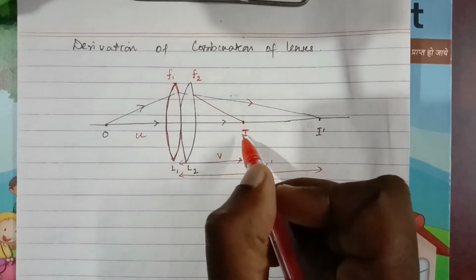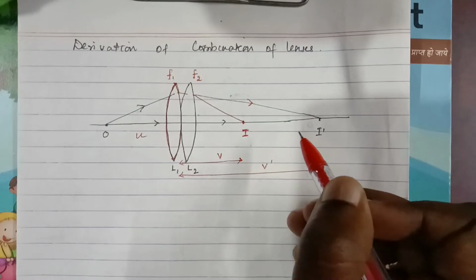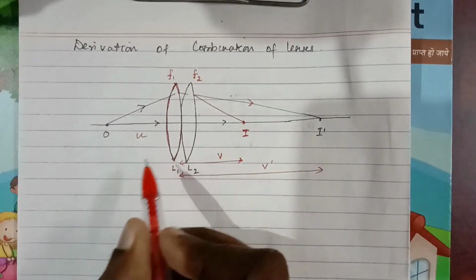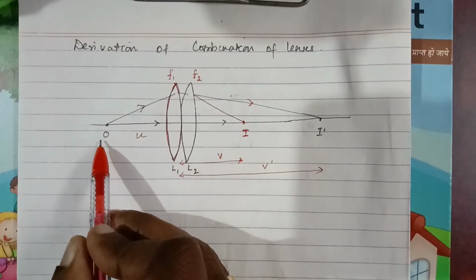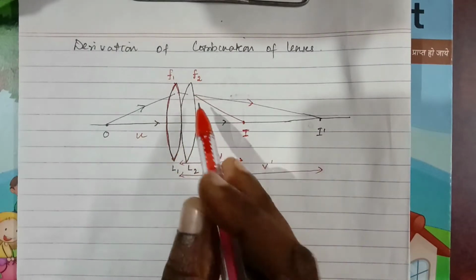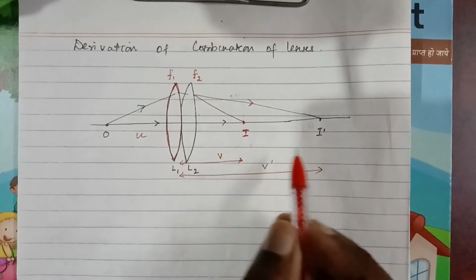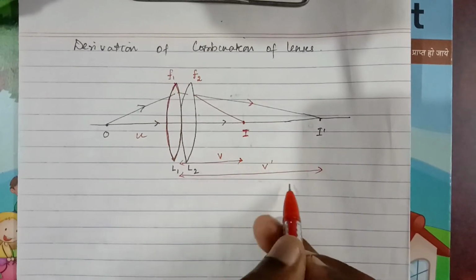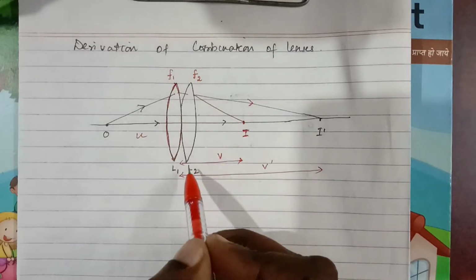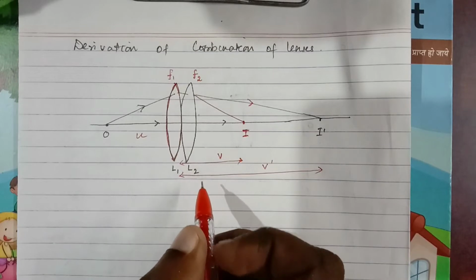Now the final image is formed at I. So for the first lens, the object is O and the image is I dash, and for the second lens, the object is I dash. That means the object distance will be v dash and the image distance will be v. This you should be clear.